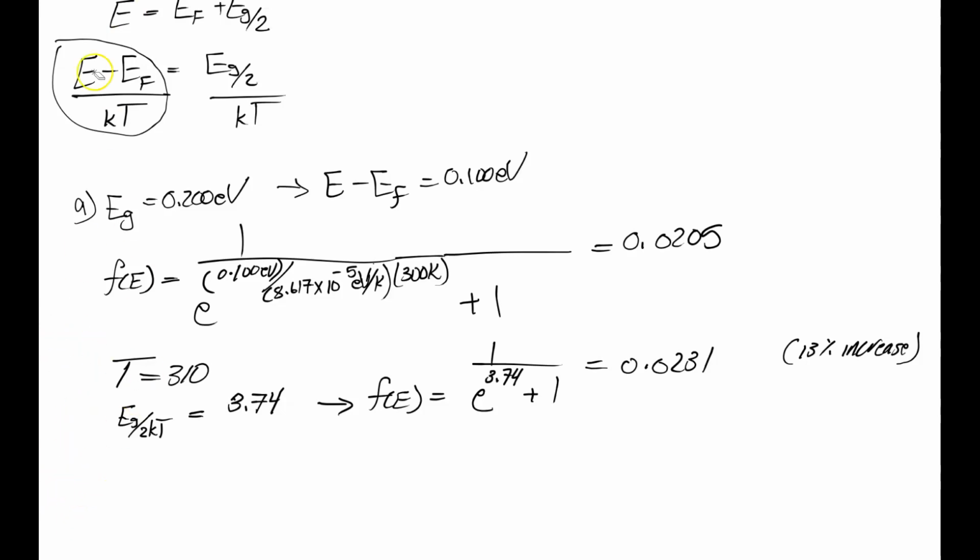Now for part B, the energy gap now is 0.1 electron volt.